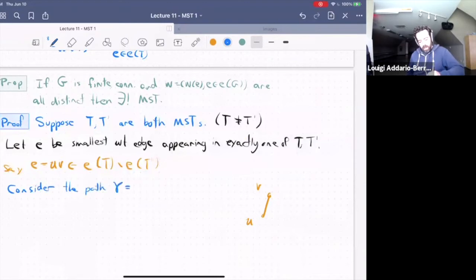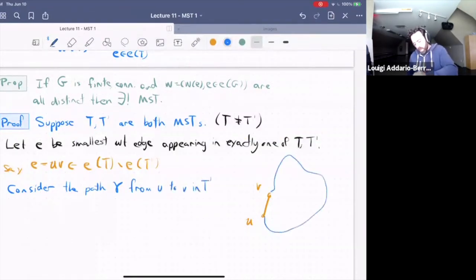I'll call it gamma, from U to V in T prime. Okay, so here's gamma. Now the path gamma can't all be in the tree T as well, right? Because T contains this edge. If T contained all of this path, then that would form a cycle in the tree T, which it doesn't have because it's a tree, it's acyclic.